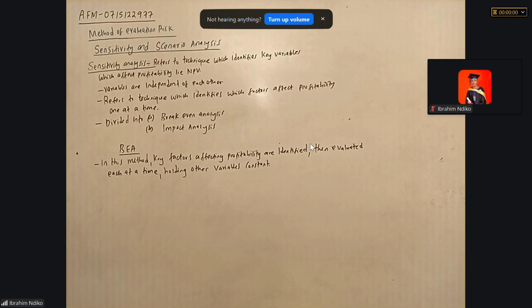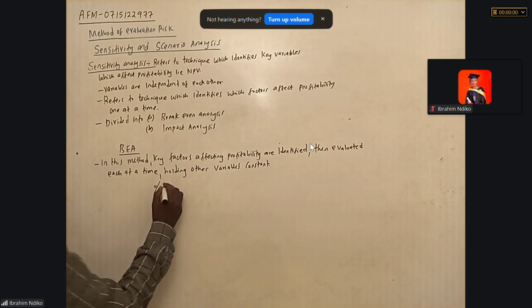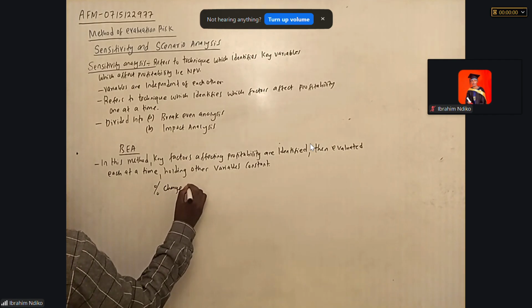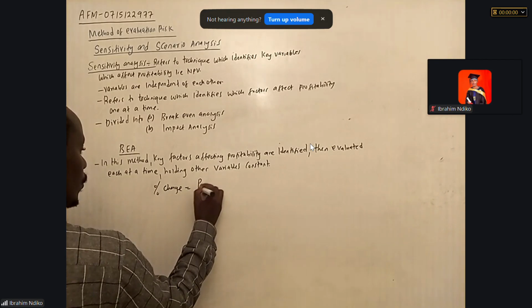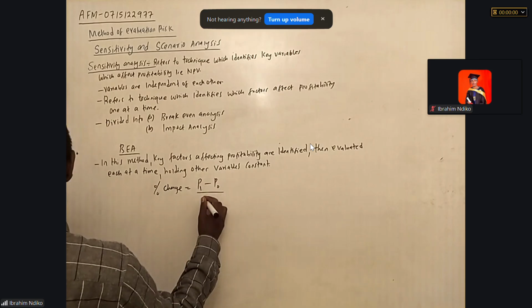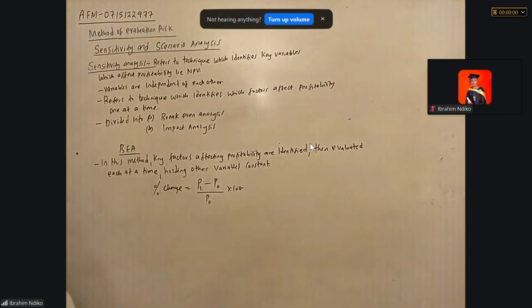Now, percentage change. This is used to get the percentage change before and after: P1 minus P0 over P0. We shall do a question, don't worry.